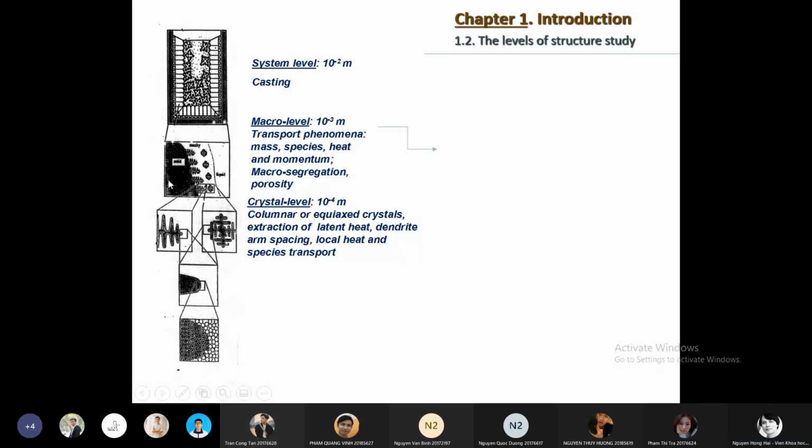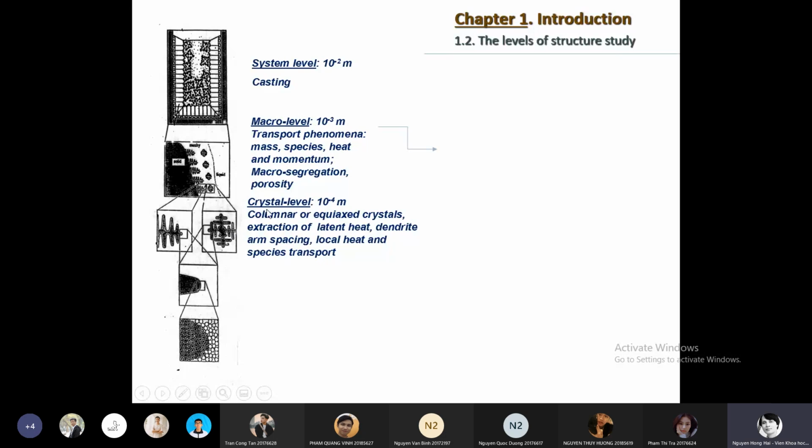If you magnify this part, we have the dendrite here. We have the columnar dendrite on the left, and the equiaxed crystal on the right. See, we have magnified this part.